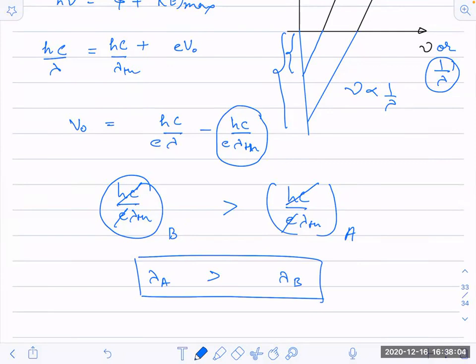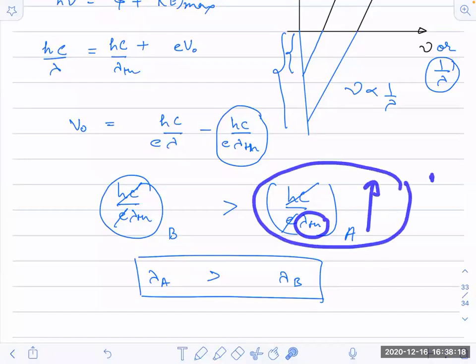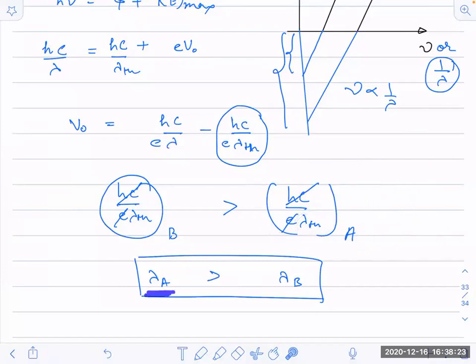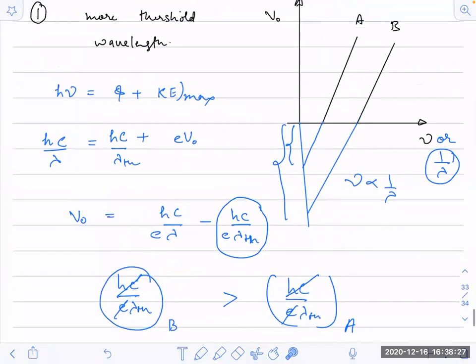If this value is greater, then this total value will be less. If this value for A is greater, then only this complete value will dip down. So that's why lambda for A is greater, lambda of B is less in this case. Did you understand this?